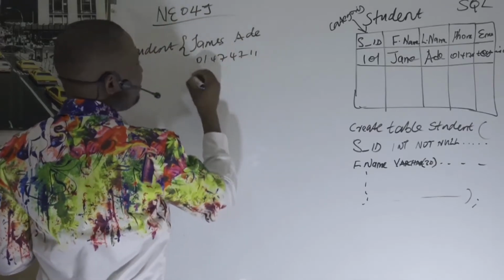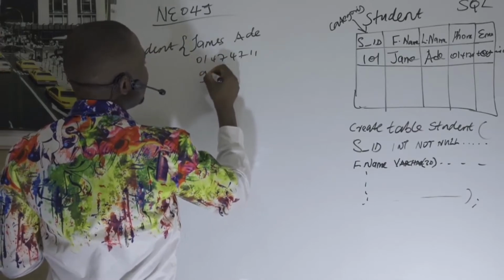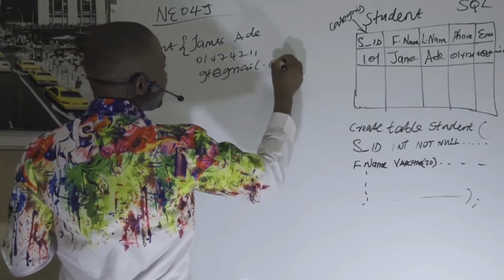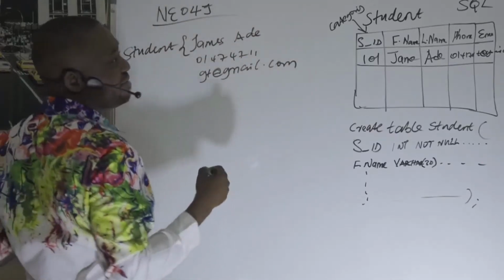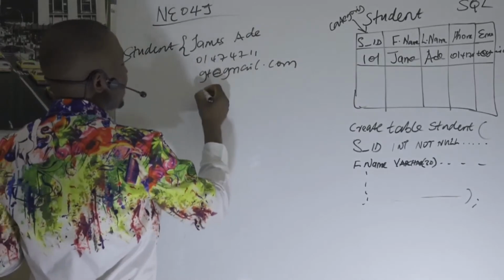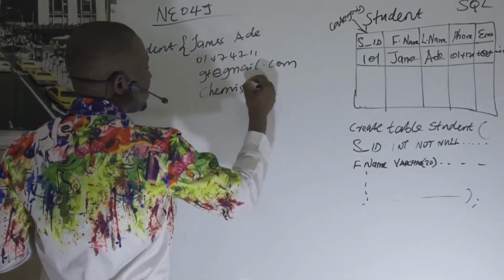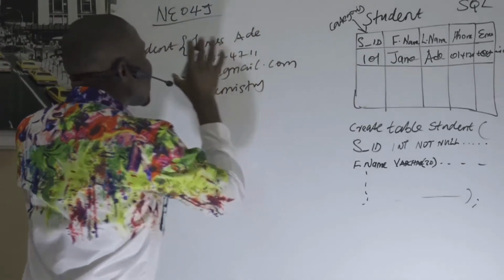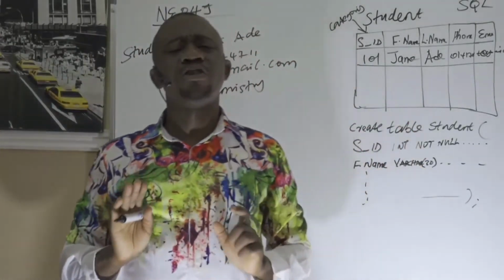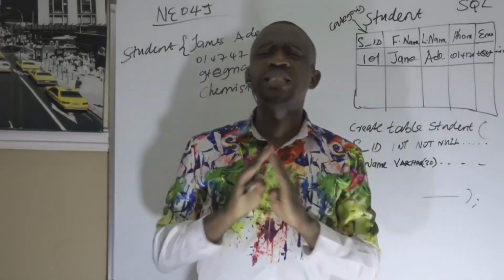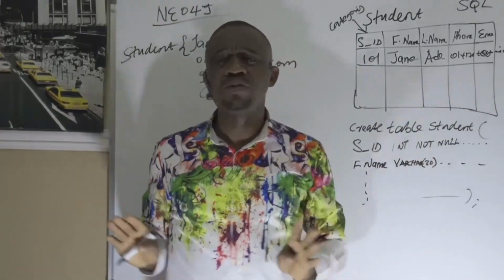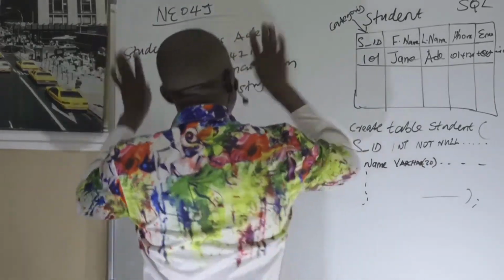Then we have his email as gt@gmail.com. We also have information like, let's say, the department is chemistry. If you want to create this in Neo4j, just go straight and put the information. We don't need to predefine the schema or the table before you start inputting. Go straight and input all this detail.